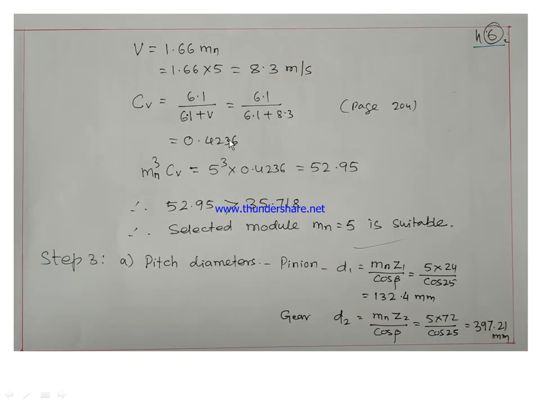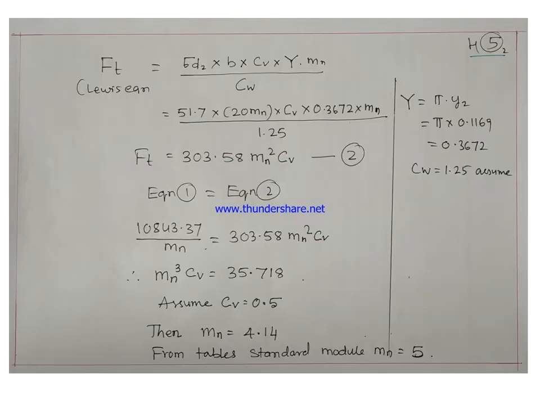Now using this standard module of 5 mm, calculate the velocity which comes out to be 3 meters per second. Also calculate the Cv velocity factor using this standard equation which comes out to be 0.4236, and again with this value of Cv calculate this product which comes out to be 52.95, and which is much greater than this value which is already obtained with earlier values of Cv.